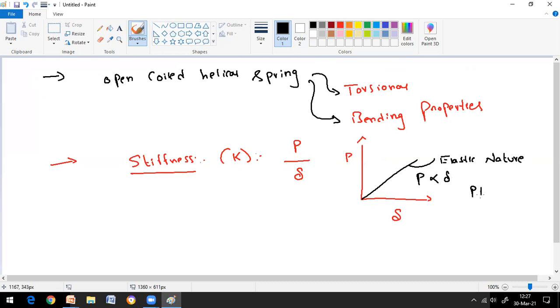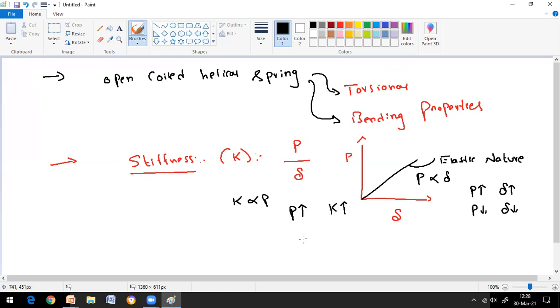Where P increases, your deflection also increases. Where P decreases, your deflection also decreases. So we can define that stiffness always depends on K. When the load increases, the load carrying capacity of the member will always be more.